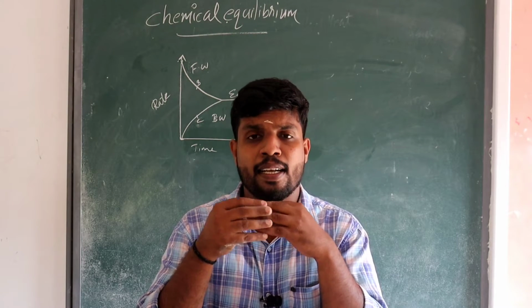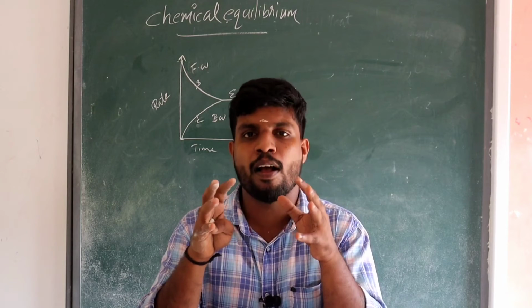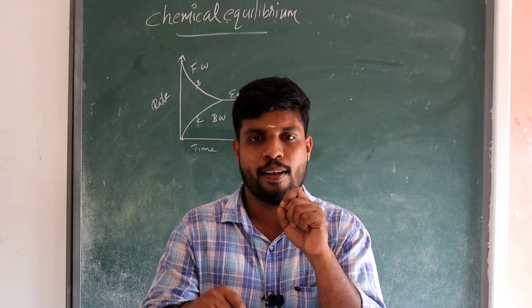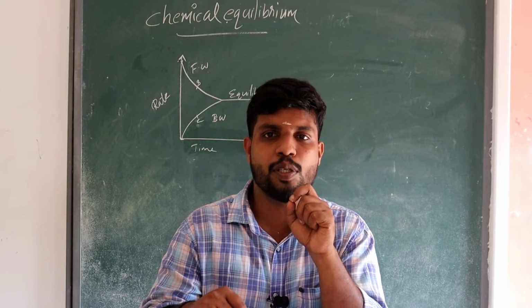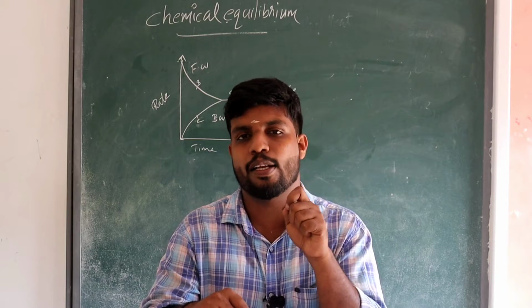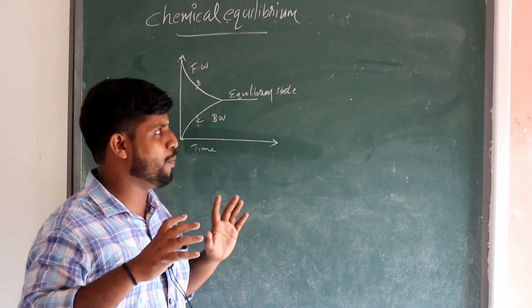When they react, the products are produced and later the products decompose. That means we are explaining the case of a reversible reaction. Equilibrium is possible only in the case of a reversible reaction, so we are considering a reversible reaction.